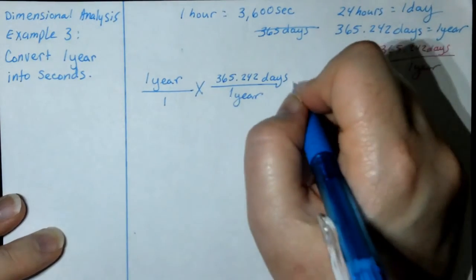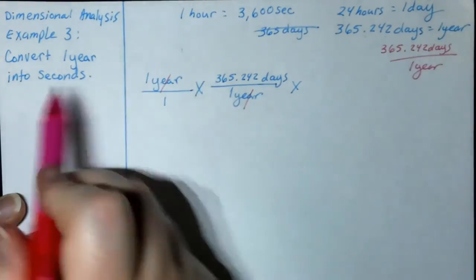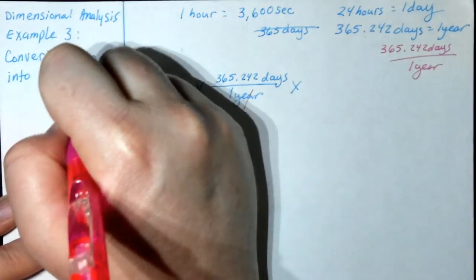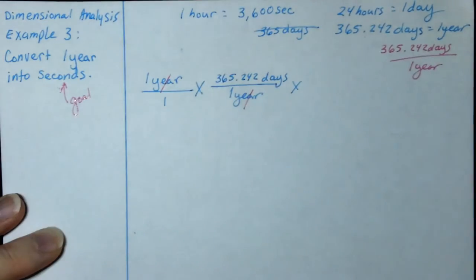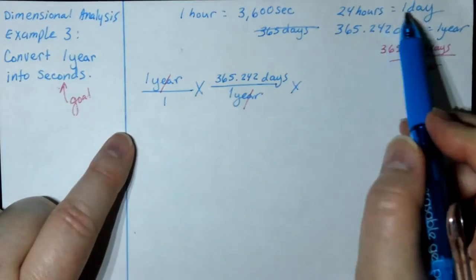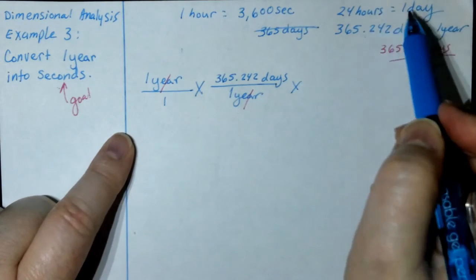Okay, so now I already know my years are gone and I'm on days, but I still want to get to seconds. This is my goal. Well, can I go from days to seconds yet? No, I can go from days to hours and then hours to seconds. So let's go days to hours.